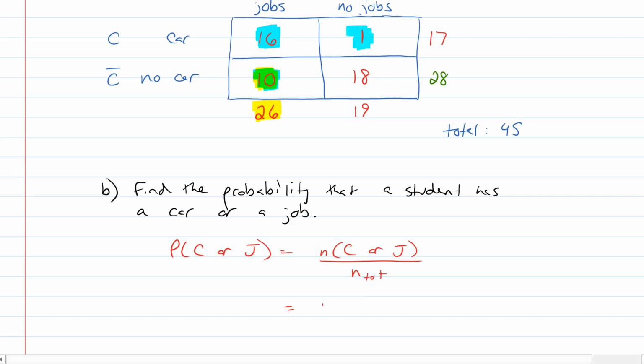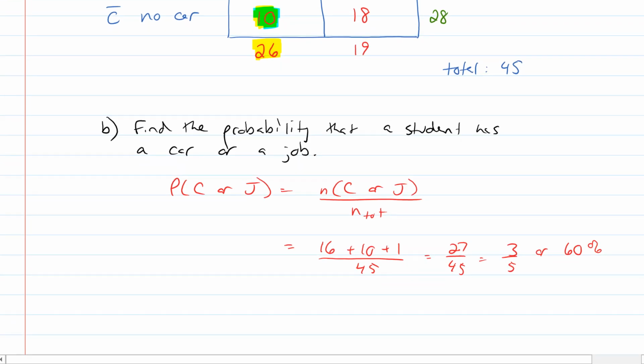And so we're going to have 16 plus 10 plus 1 divided by 45. And that gives us 27/45. If you work it out, that's 3/5. Or if you prefer, you could write it as a percentage, 60%. Or you could just leave it as decimal, 0.6, that would be fine.